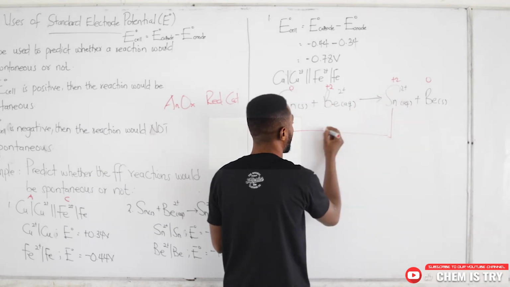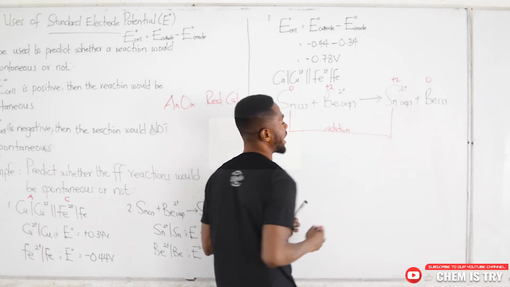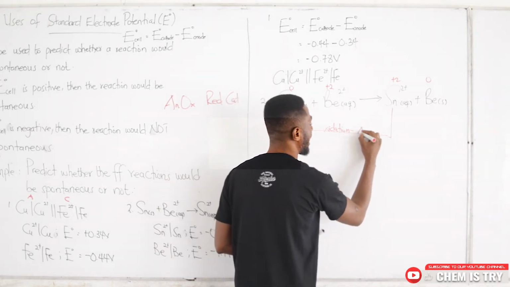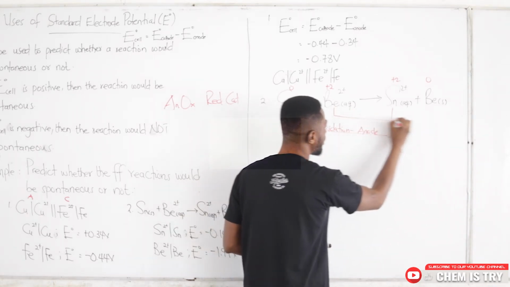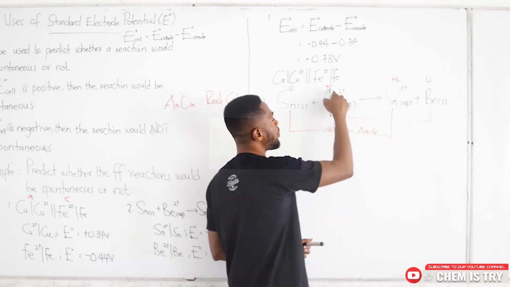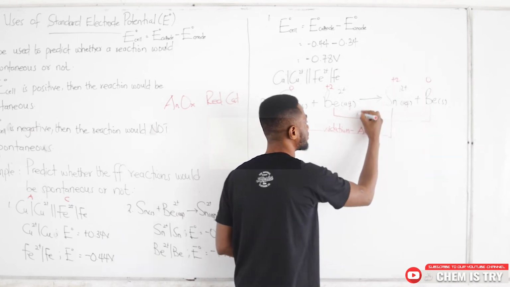So this one is called the oxidation half reaction. And what did we say about oxidation? We call it the anode. Then we have beryllium. Its oxidation number reduced from positive 2 to 0, so it is undergoing reduction.